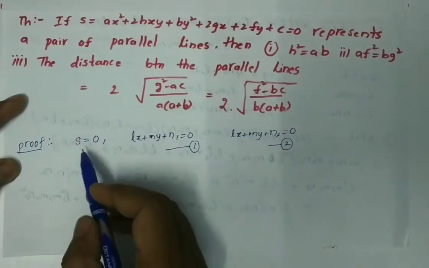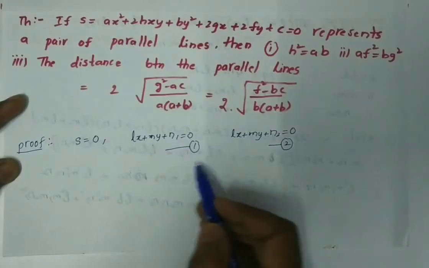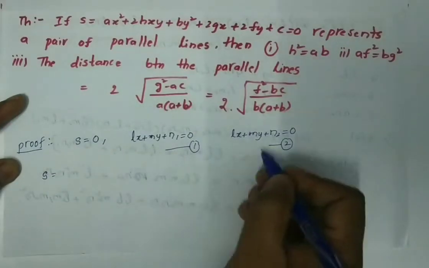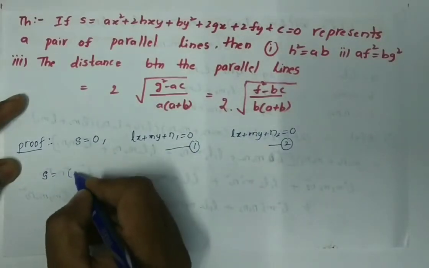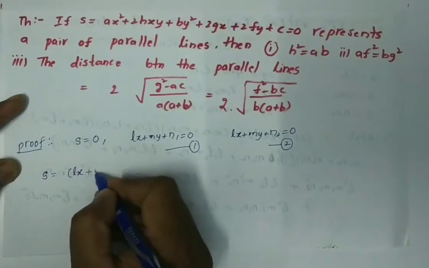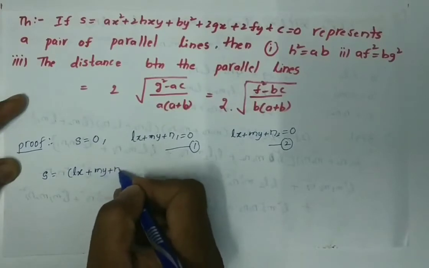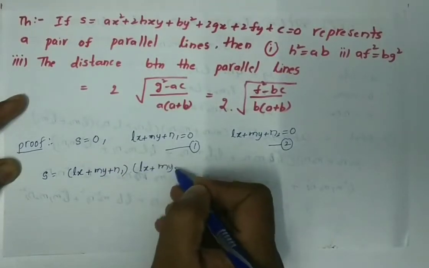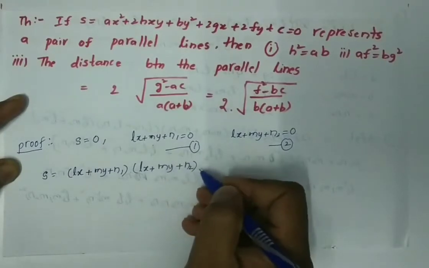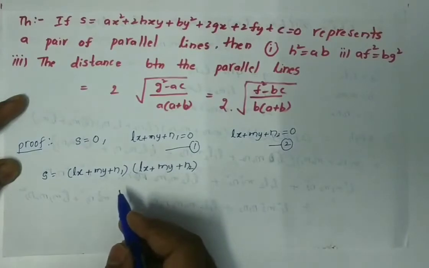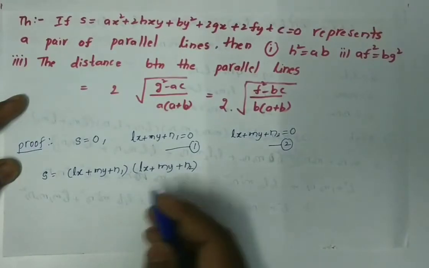Suppose S = 0 represents these two parallel lines, then S can be written as the product of these two lines. Therefore, S = (Lx + My + N1)(Lx + My + N2). Now let us multiply these two on the right-hand side.